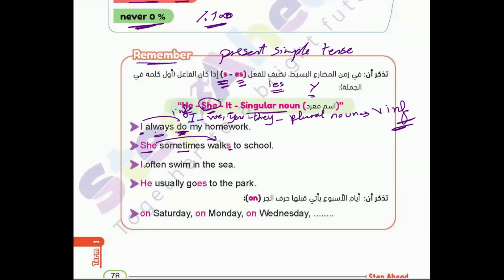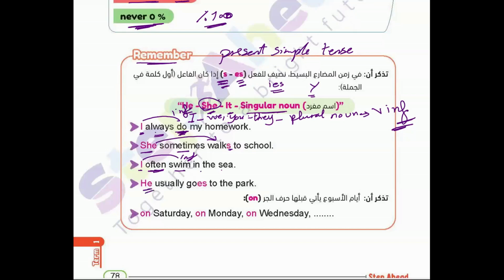Sometimes she doesn't do that. I often swim. Can you see I with the verb infinitive? I often, which means some 30% of the times we repeat this action, but another times we don't. I don't swim in the sea.